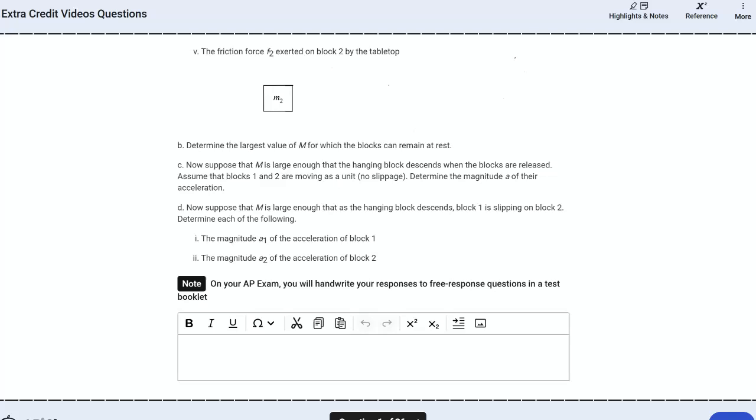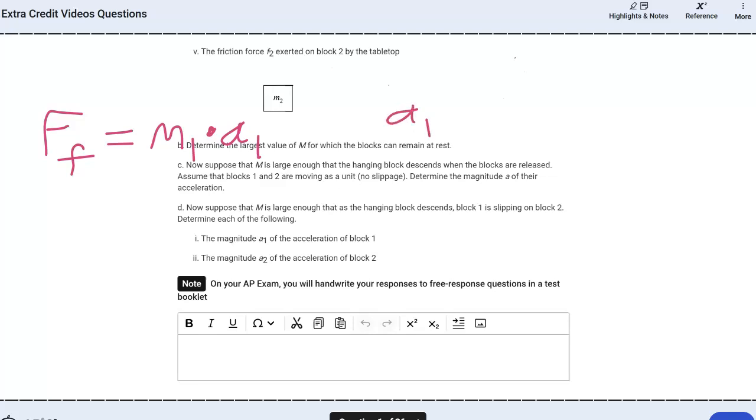Block 1 first. The only thing acting on it is our frictional force. So frictional force equals m1 times a1 for block 1, because our sum of forces is just frictional force.